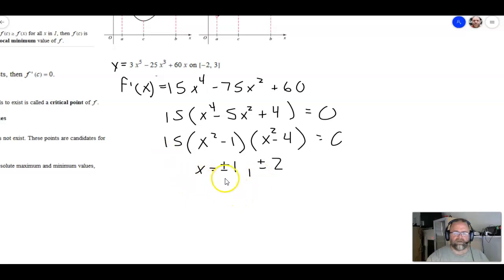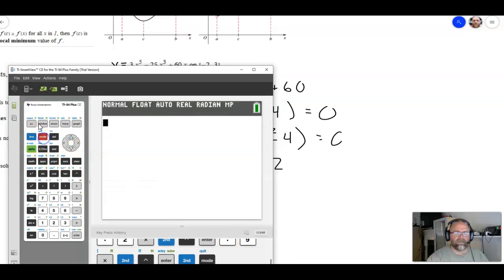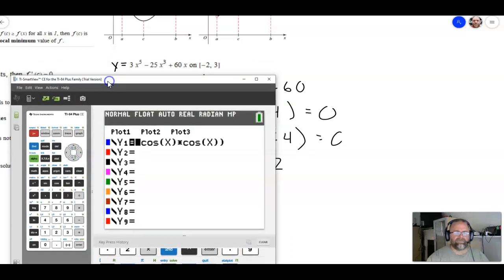So here's all of the critical values. So what we're going to do now is plug this equation back in our calculator and see if these look like minimums or maximums. All right, so come up here and let's go to y equals. Let's put in this original equation here.